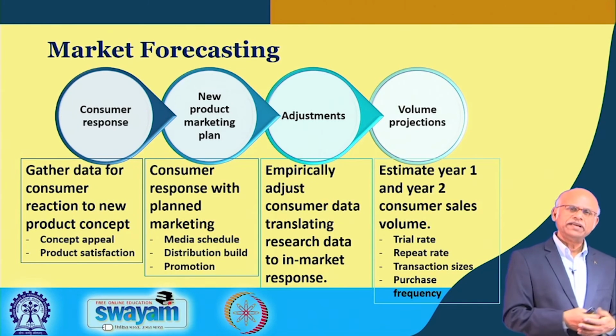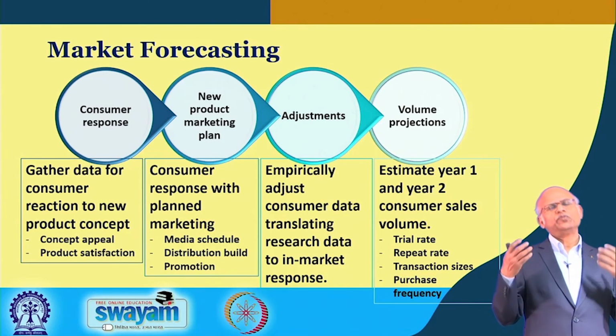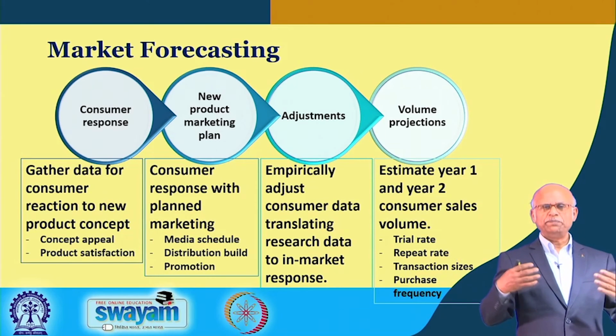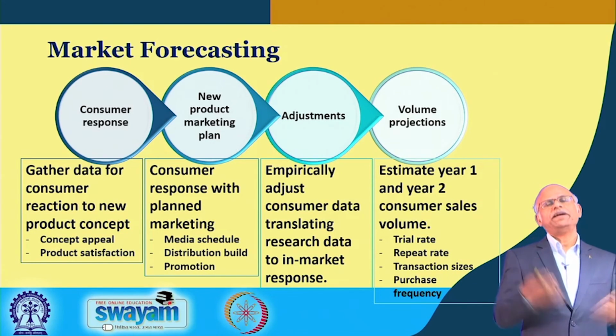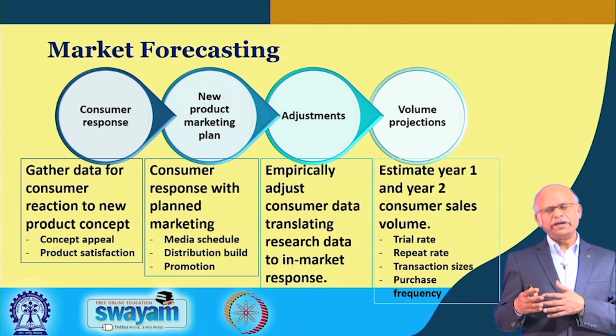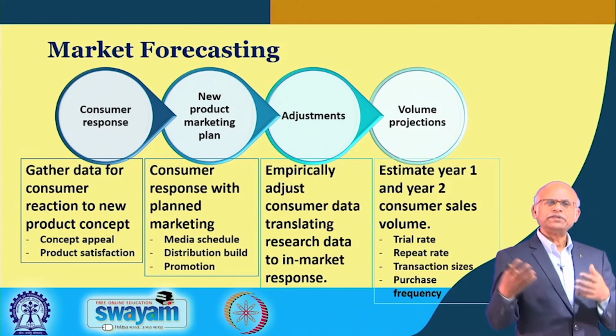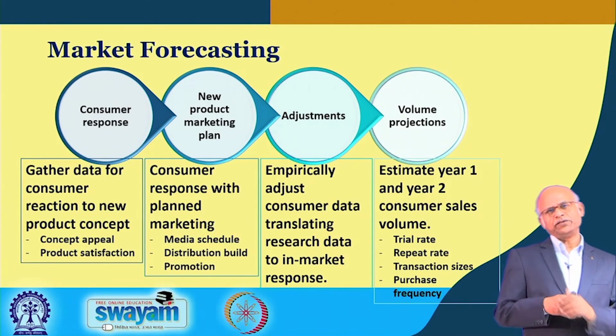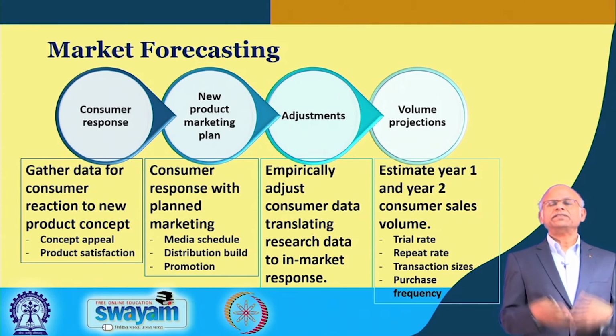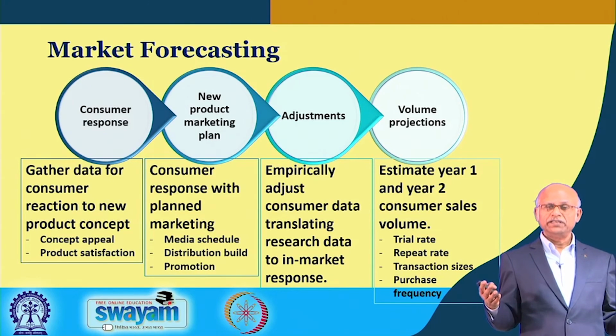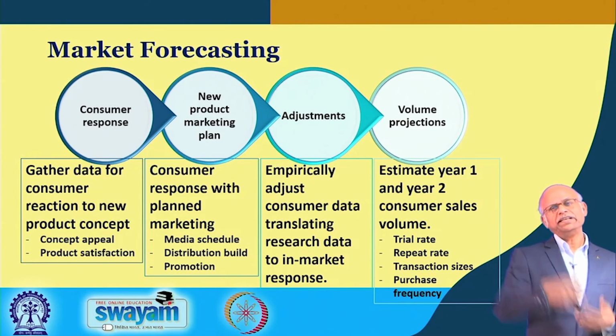Through experiment you can get an idea about what percent of the people will be repeat buyers. If 10% of them are going to be repeat buyers, it is going to be 1.1 rather than just 1. So, repeat buyers are increasing the number.